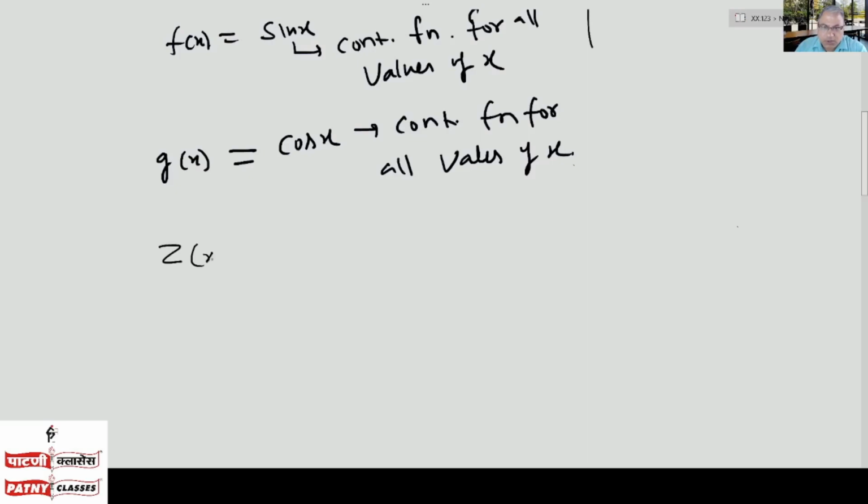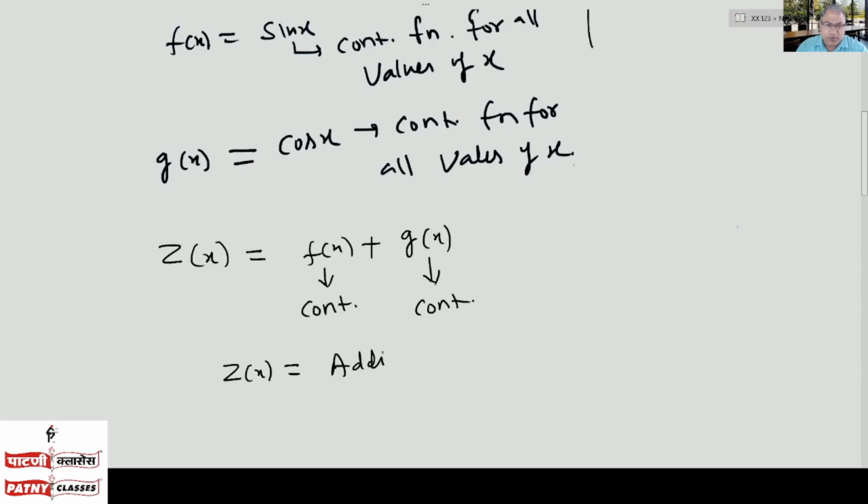Thus, z of x is a combination of f of x and g of x. f of x is a continuous function and g of x is also a continuous function. That means z of x is the addition of two continuous functions.